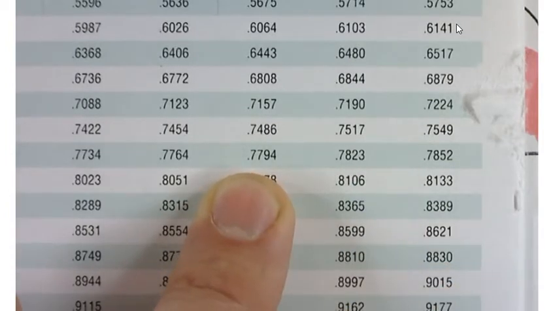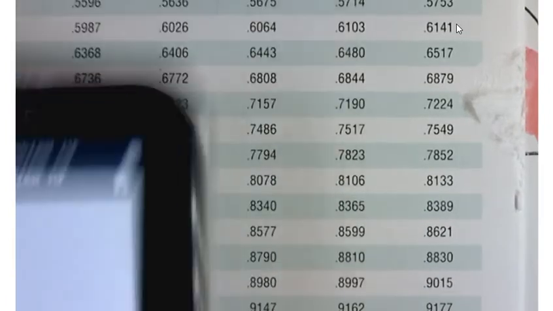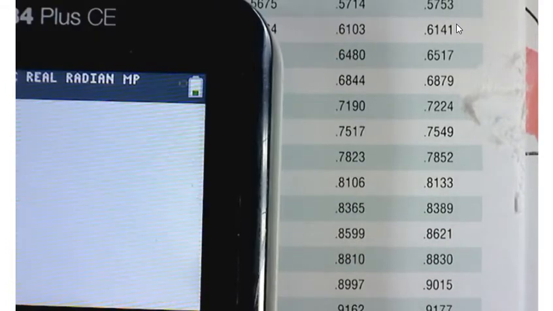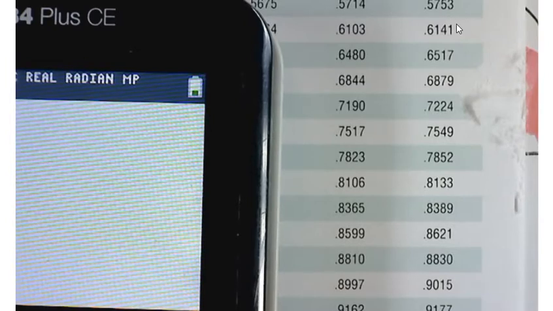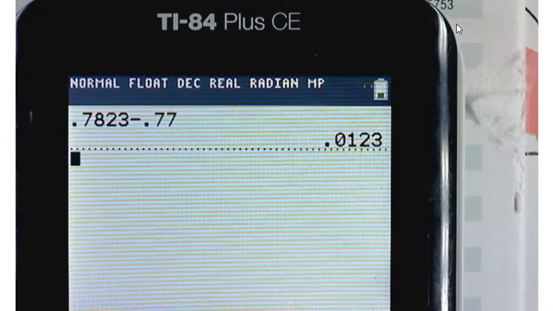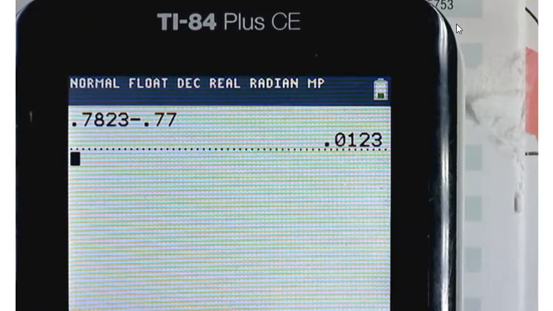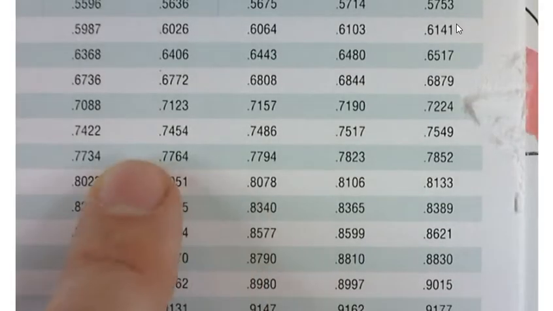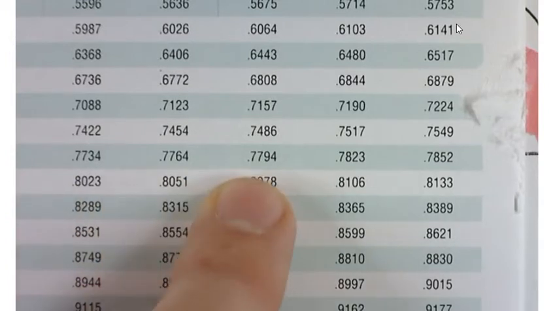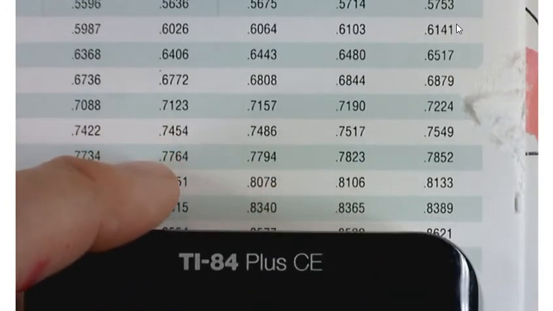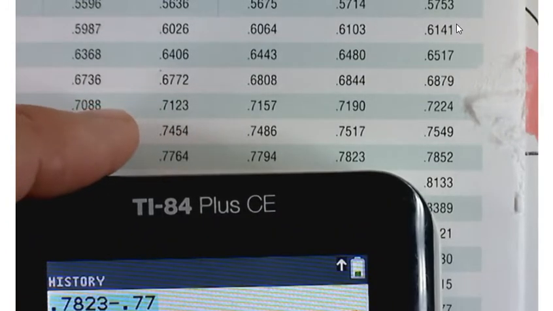If you really wanted to force the issue, here's what you could do. You could take this first value, 0.7823, and subtract off 0.7700, and compare that to the distance the other way. 0.77 minus where was the other one? 0.7794. You know what? I should have been subtracting 0.78, right? Let me go back here and redo this one.